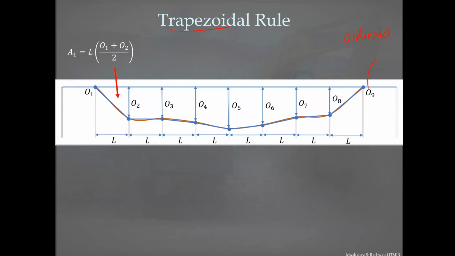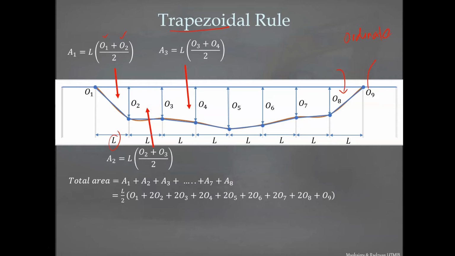Taking the first ordinate and second ordinate, mean them and multiply by L, and I can repeat that for the second strip, the third strip, and so on till I get to the last strip. So the total area would be area 1, area 2, area 3, and all the way to area 8.